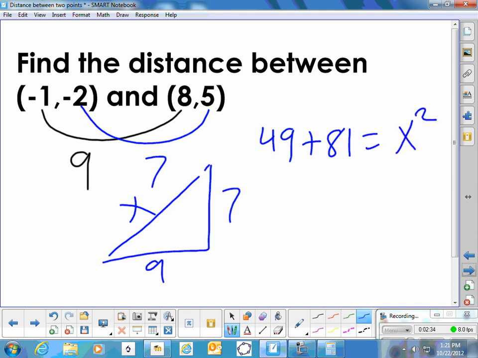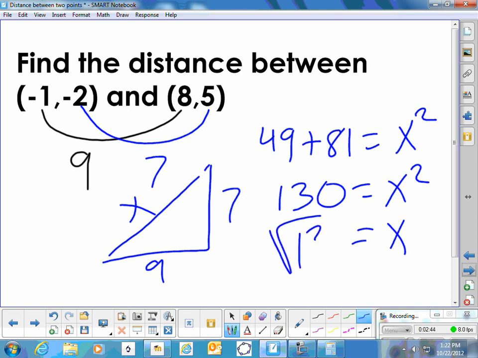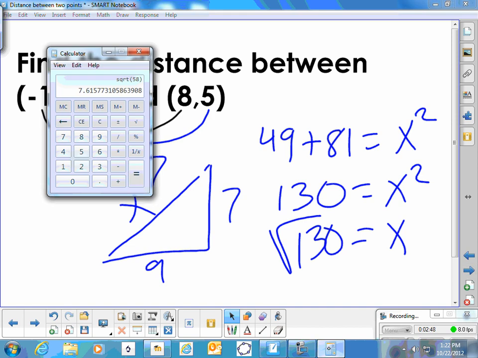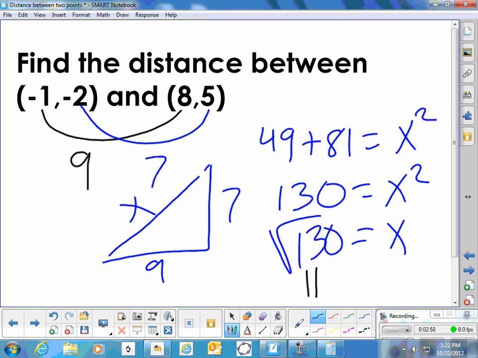So 49 plus 81 is 130. Square root of 130. 130 square root, 11.4. That's the distance between those 2 points.